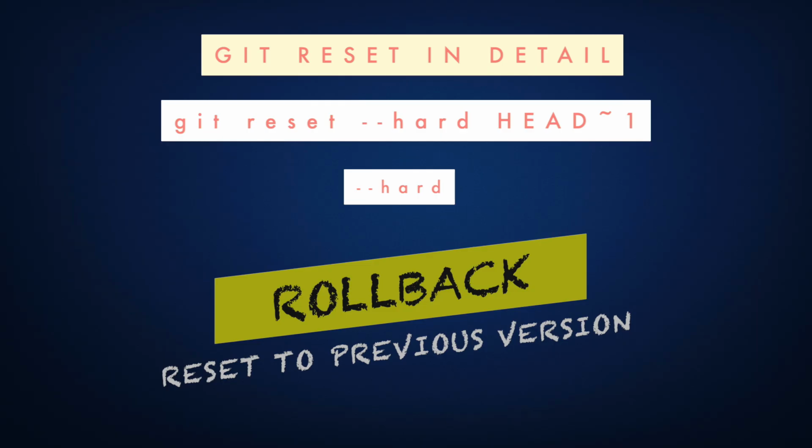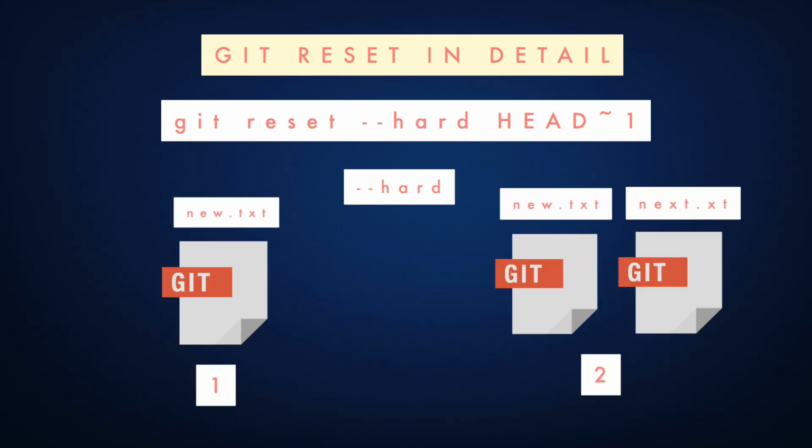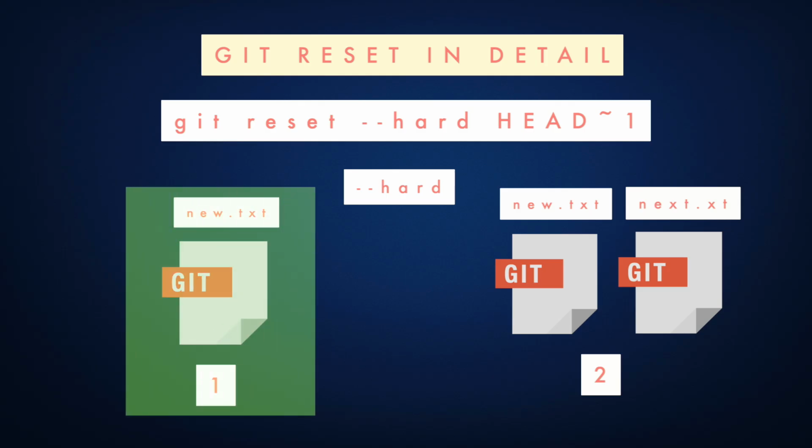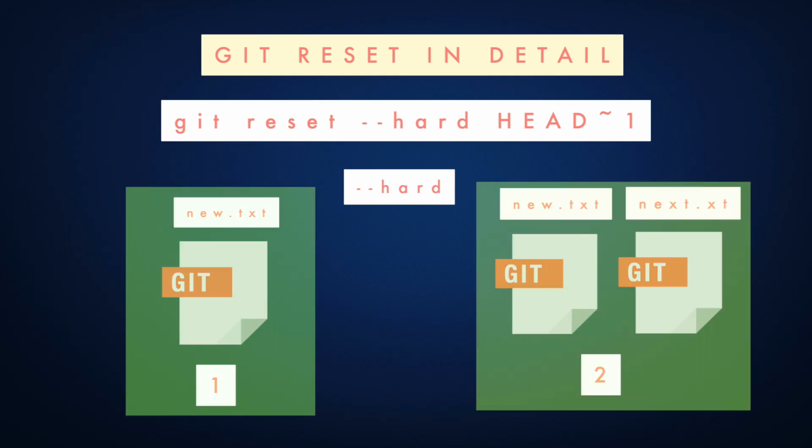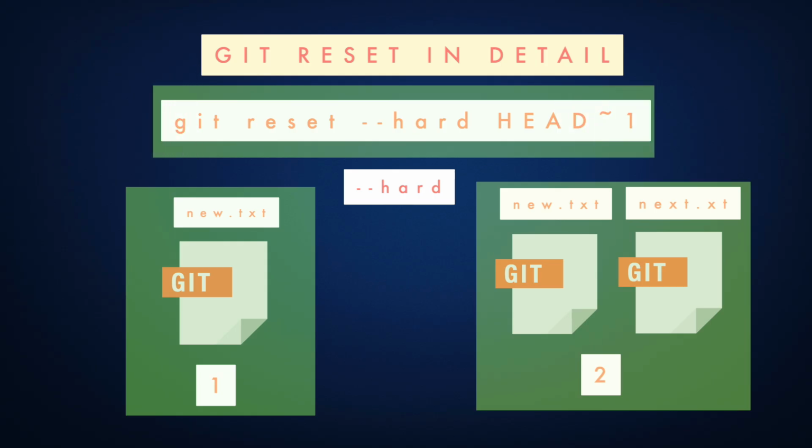So let's say you have two versions, and in the first version you have committed new.txt, and in the second version you have committed next.txt. Whenever you run this command git reset --hard HEAD~1, whatever changes we have committed will get deleted and your current version is set to the previous version.